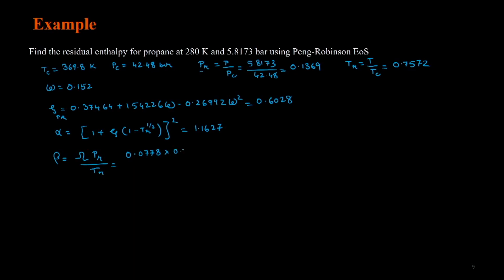PR is 0.1369. And TR is 0.7572. So this beta then turns out to be 0.01407. Similarly, Q is psi alpha over omega TR, and I have all the numbers I need. If I plug these numbers in, I'll end up with a numerical value of 9.02. I have beta and Q.